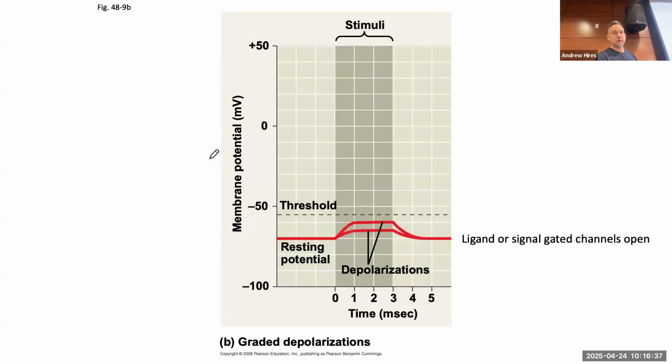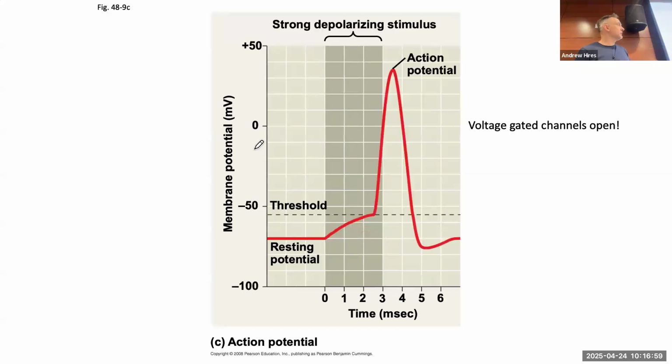So here we go. We've got our small depolarizations. If these depolarizations are small, below some nebulous threshold here, they are not going to be enough to open up the voltage-gated channels. But if they get over this threshold, maybe it's negative 55 millivolts or so, it really depends on the channel, what do we see? We see a sudden runaway depolarization. This is the action potential. This is the spike.